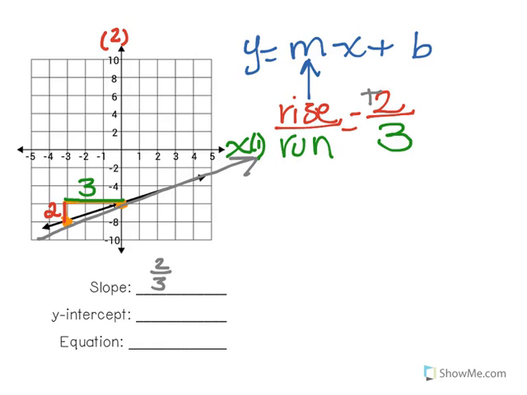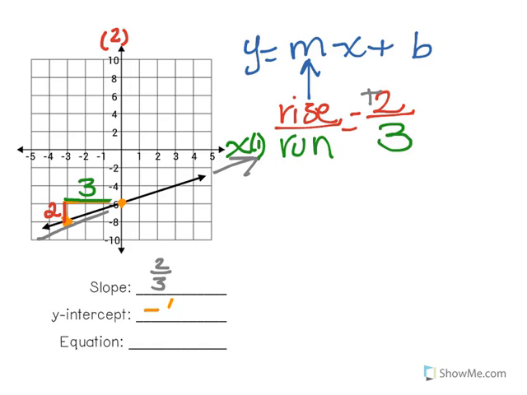And now your y-intercept, when you're looking at a graph, is when the line touches the y-axis. I'm going to erase a little bit of my work right here. So when your line touches that y-axis, that's when x is 0. And I notice that it touches at -6.